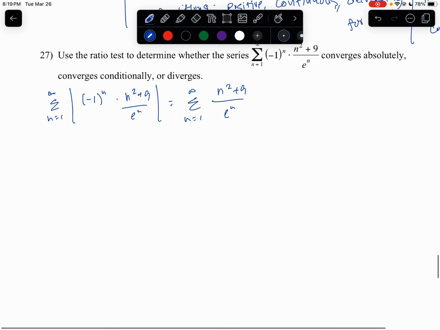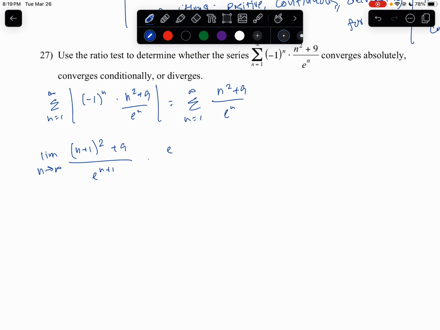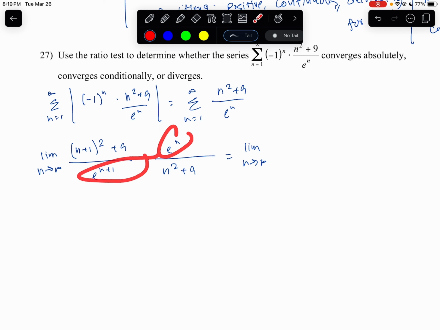Okay, so I'm being explicit about that. Now let's run the ratio test. The limit as n approaches infinity of n plus 1 squared plus 9 over e to the n plus 1 times e to the n over n squared plus 9.